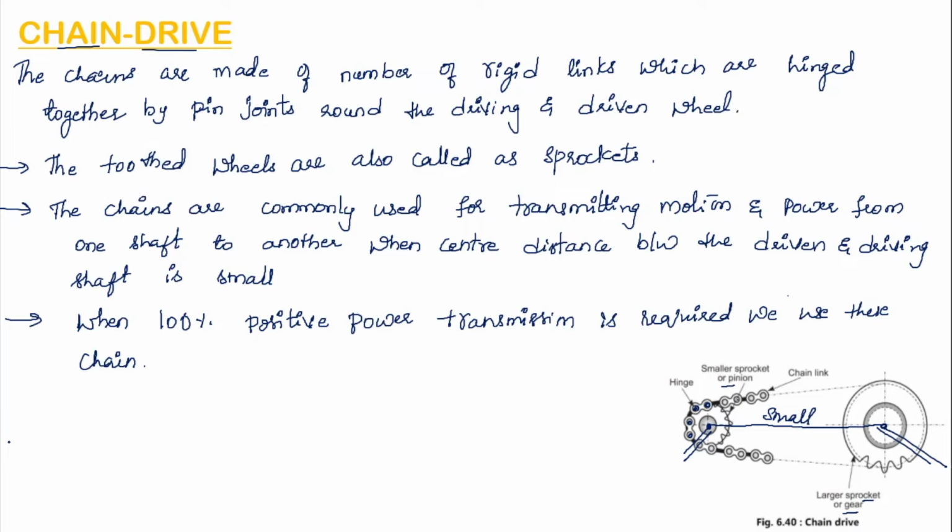So what are the applications in which these chains are used? Chains are used in bicycles. You might have all observed that these chains are used in bicycles. Sometimes the chain gets slipped also.